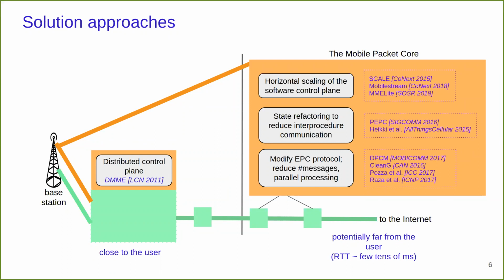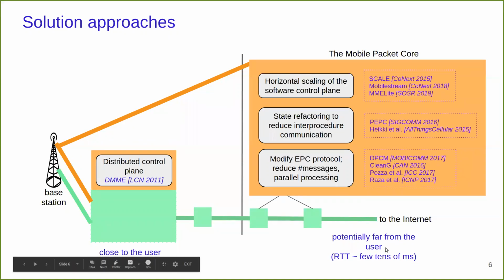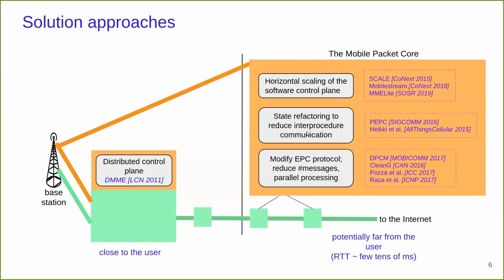Proposals like DPCM modify the number of messages exchanged in the EPC protocol to scale and speed up. All these proposals provide acceleration solutions at the mobile packet core, which is a few tens of milliseconds away from the user. A few proposals distribute the control plane of the packet core to local controllers close to the user.